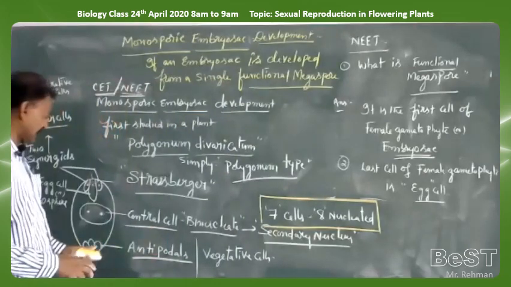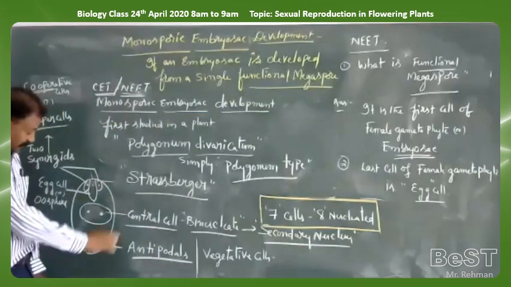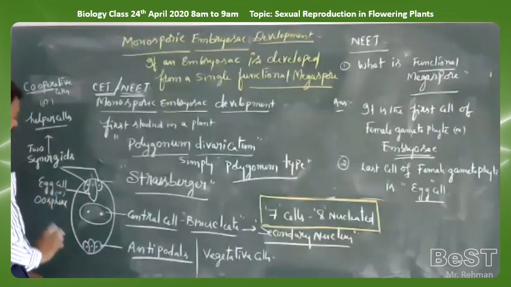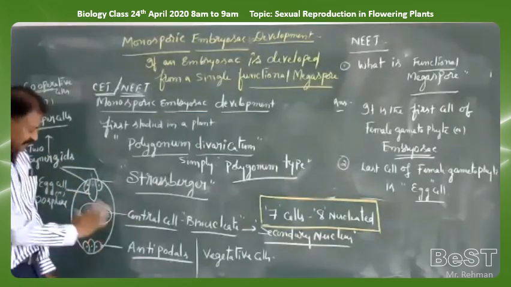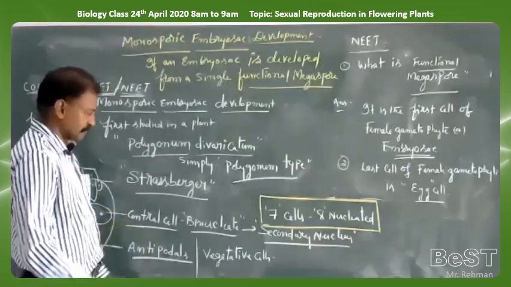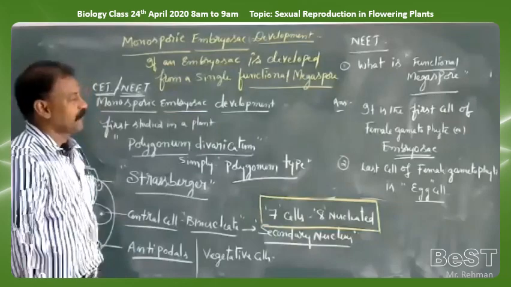Now let us see in detail about these. What are these egg cell? What are these synergids? What is this central cell? What are these antipodals? 7 cell, 8 nucleate.